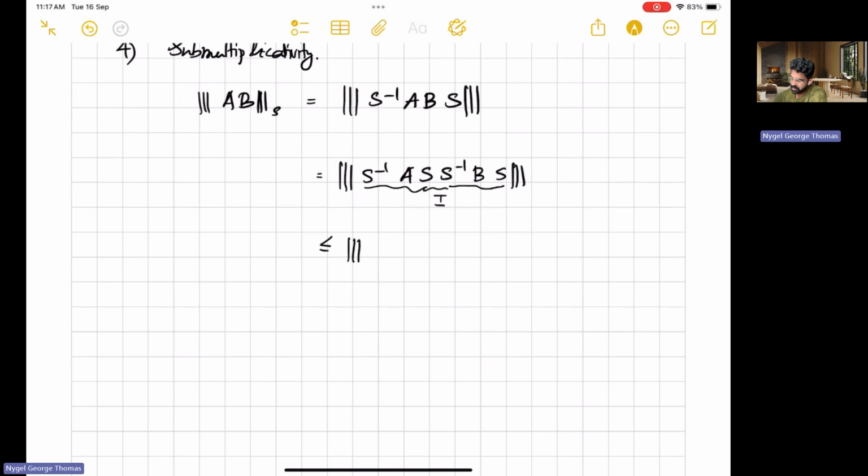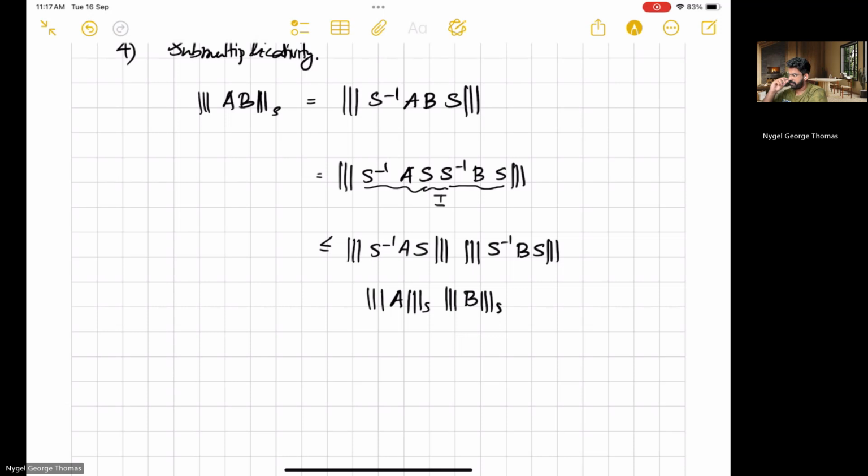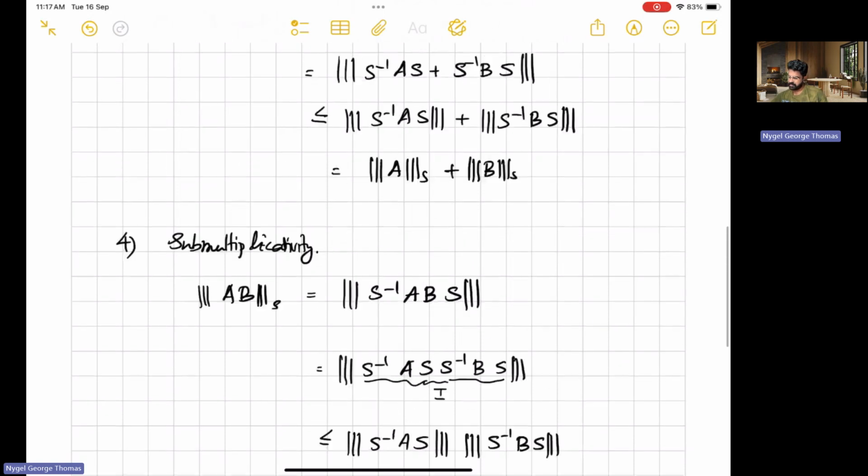It's less than or equal to the norm of S inverse AS times the matrix norm of S inverse BS, which is, in fact, the S norm of A times the S norm of B. So submultiplicativity is also true. So we can prove that this is a valid matrix norm.